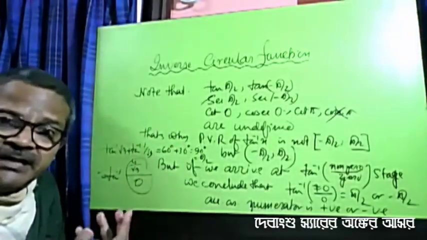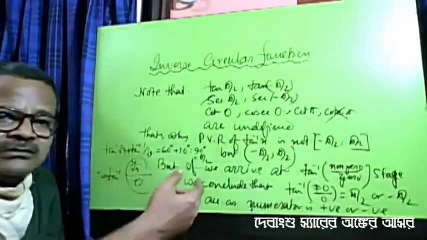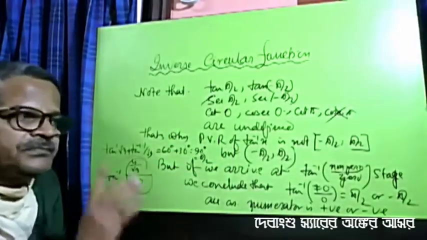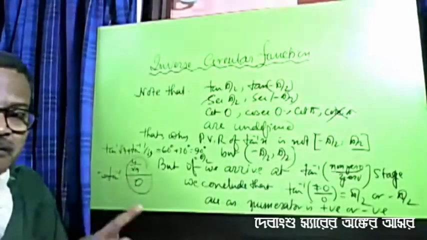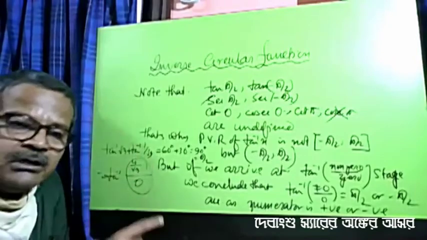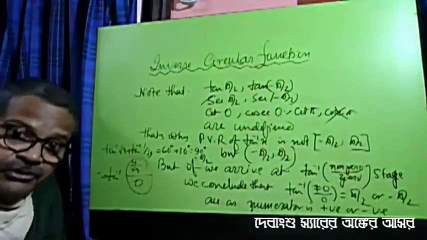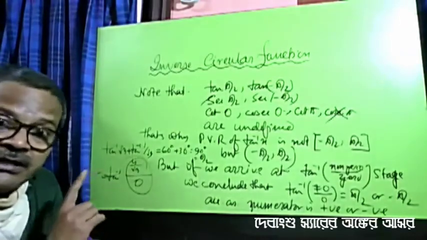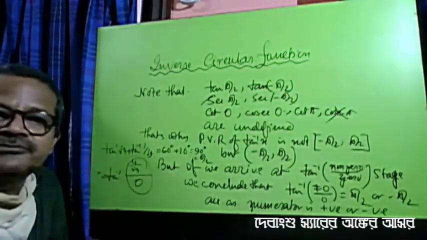These kinds of results may occur. In that case, our conclusion will be that the result is 0. So the principal value range lies from minus pi by 2 to plus pi by 2, and from 0 to pi, not excluding any of the values.